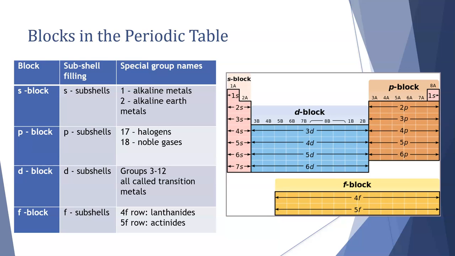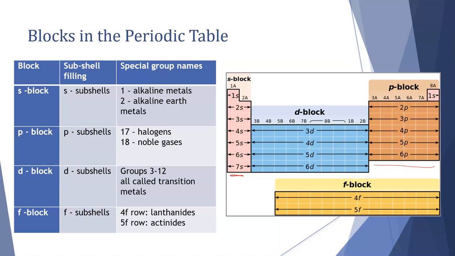So based on this, we can link our electron configurations to our periodic table structure. The S block is groups 1 and 2. These will have electrons going into S subshells. The P block has electrons going into P subshells.